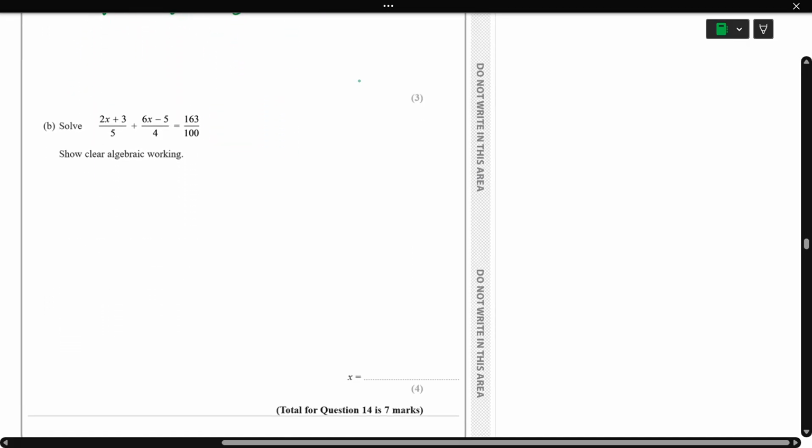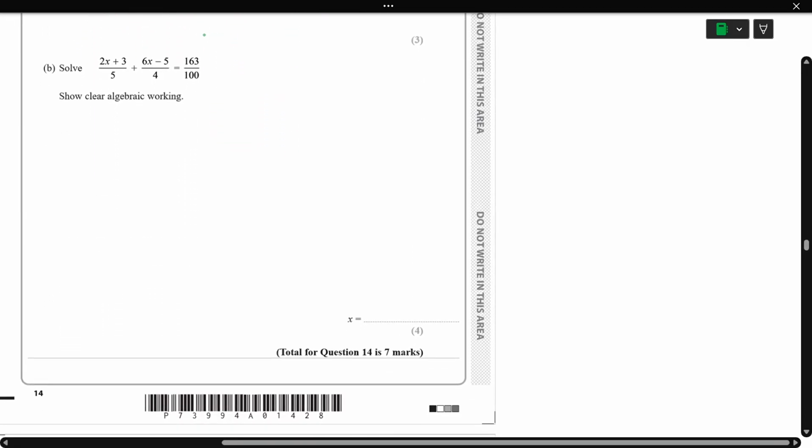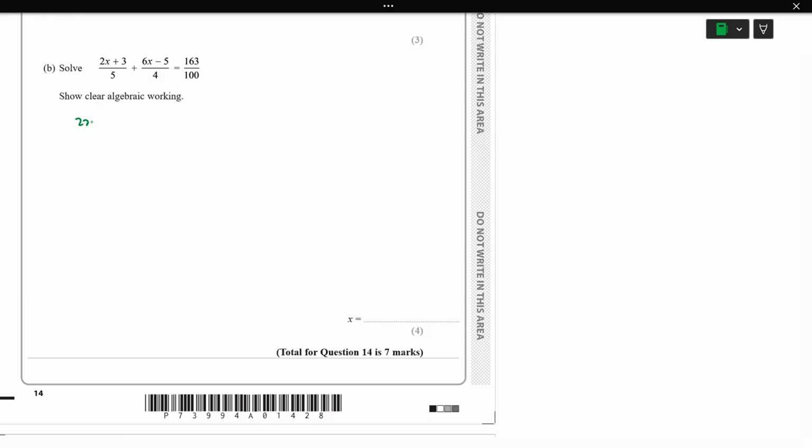Next, question B: we need to solve this equation. I'll rewrite the question: (2x plus 3)/5 plus (6x minus 5)/4 equals 163/100. On the left side I'll do the LCM to make the denominator the same: 4 into 2x plus 3 plus 5 into 6x minus 5, over 20, equals 163 by 100.